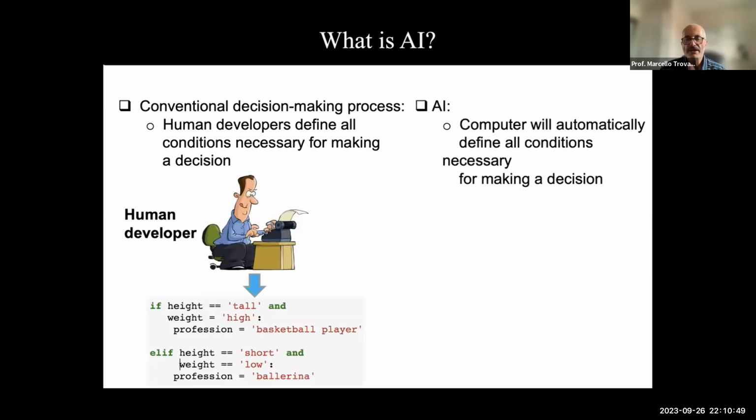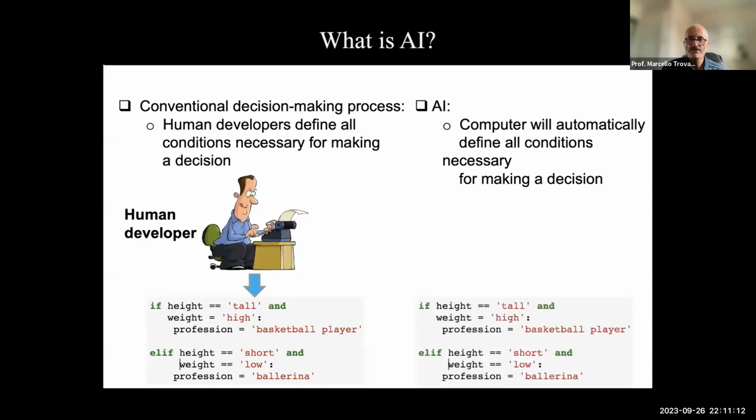We try to do the same when it comes to artificial intelligence. The difference here is the computer will automatically define all the conditions necessary. In some cases, we give the computer, the system, a little nudge. So we make sure that some of the rules are in a way pre-coded to initiate the process. And so we can reach the same conclusions in a much better way.